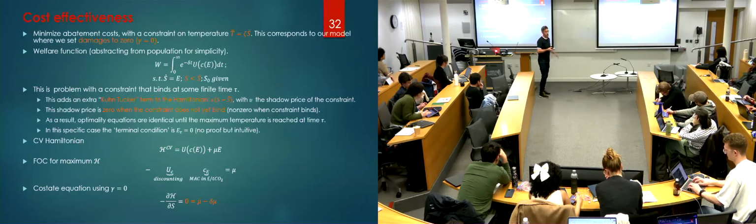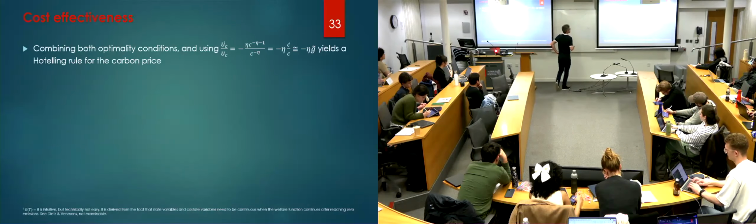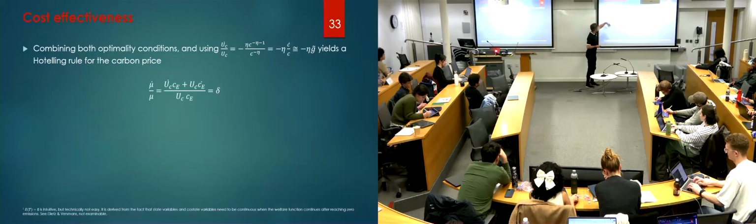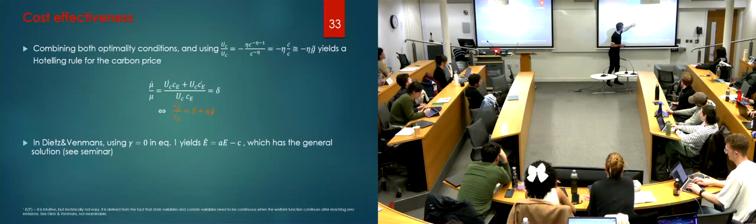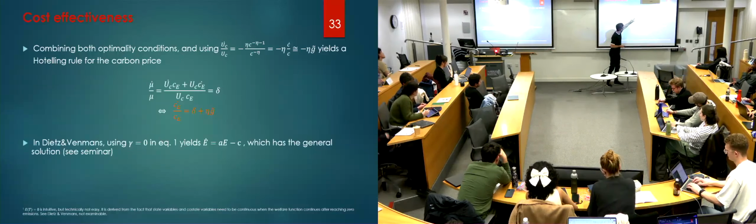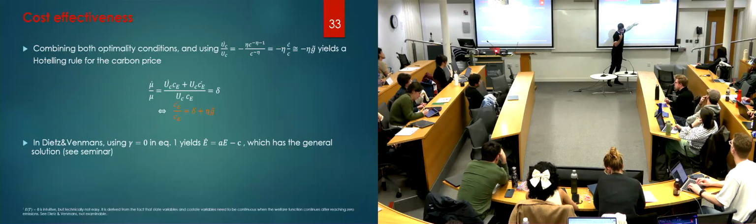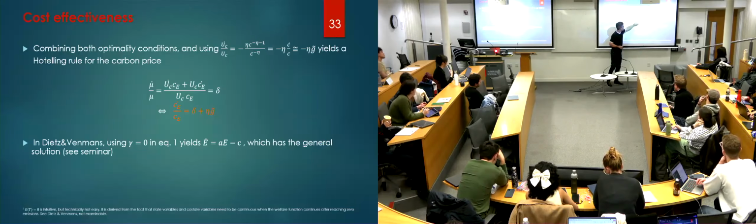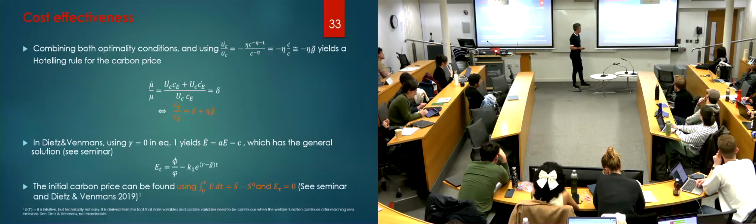So the IPCC has 1,200 or 2,000 scenarios, but they're all cost effectiveness. Good. So we'll do this in the seminar, basically showing you that the marginal abatement cost, not in utils but in money, follows the consumption discount rate. Good.